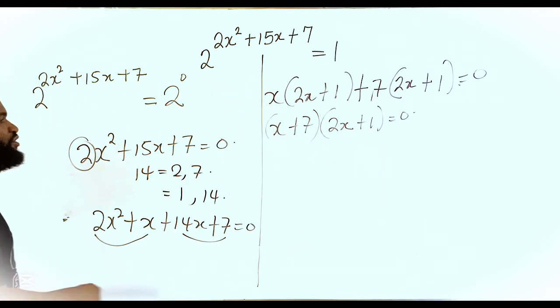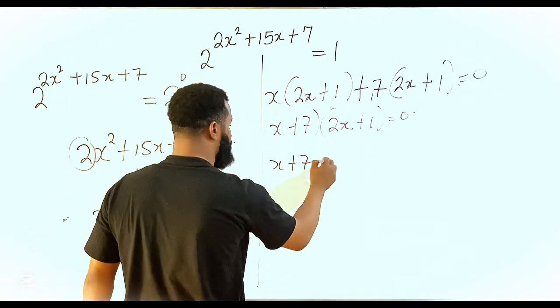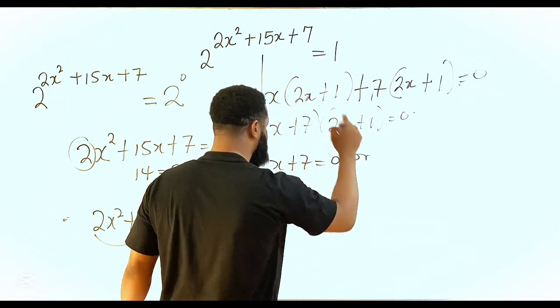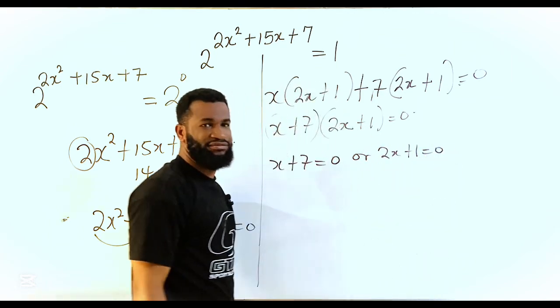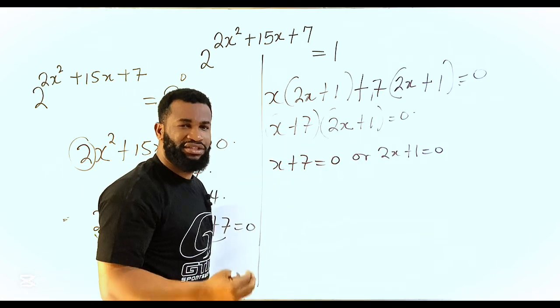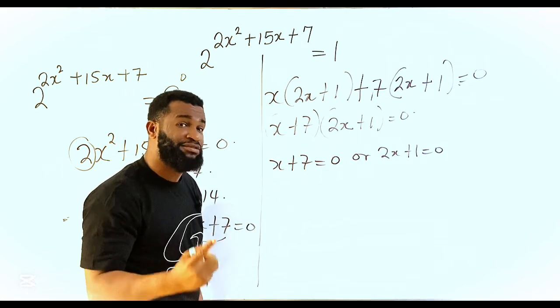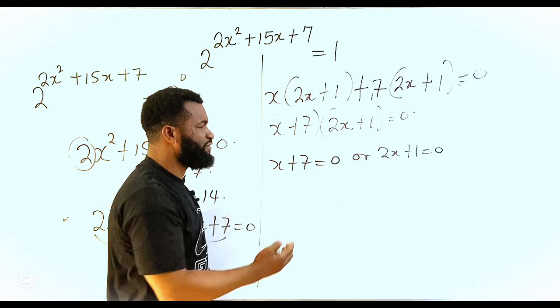All right. So I'm going to have that x plus 7 must be 0, or then 2x plus 1 may be the 0. Because two terms multiplying each other to give 0 means that one of the terms must have been 0. I don't know which one of the terms, so let's find out.